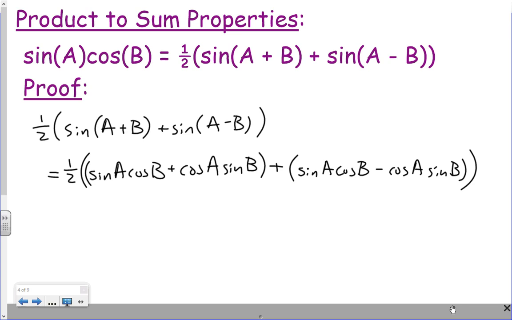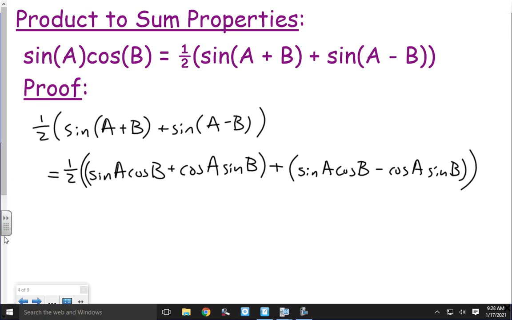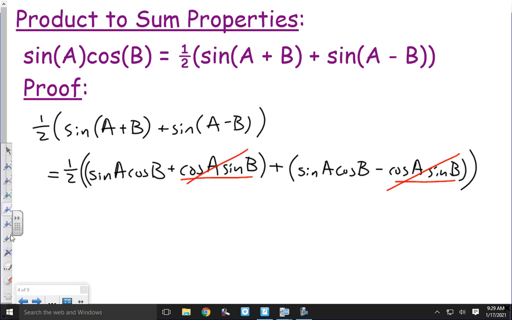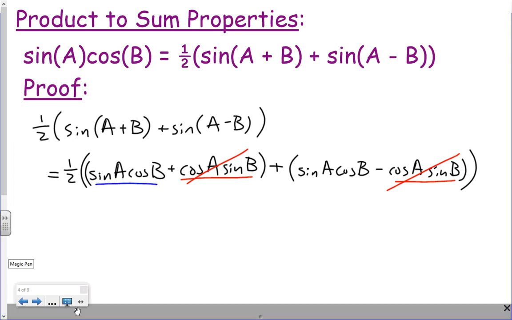And again, if you look for stuff that you can combine here, first thing to notice is some stuff will cancel out. You've got a cosine of A sine of B here that's positive. You've got the same thing here, but it's negative. So these guys are going to cancel each other out. And the other two terms that you see left here, sine of A, cosine of B, sine of A, cosine of B, those are identical. So I can combine those two.